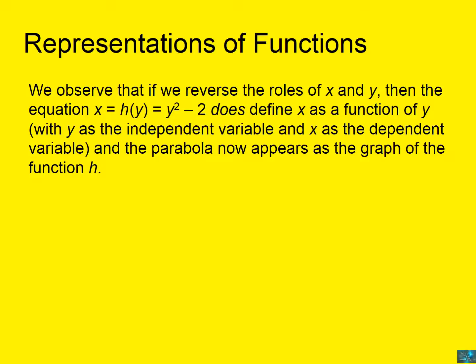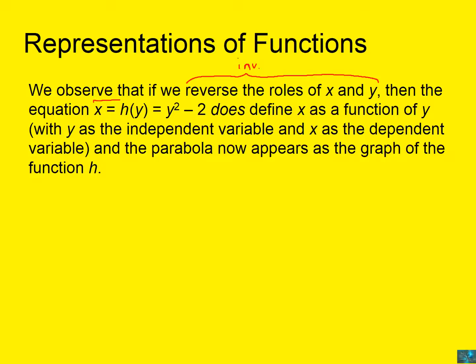Okay, so we observe that if we reverse the roles of x and y, remember something about that, reversing the roles of x and y, the inverse of a function, then the equation x equals h of y equals y squared minus 2 does define x as a function of y.